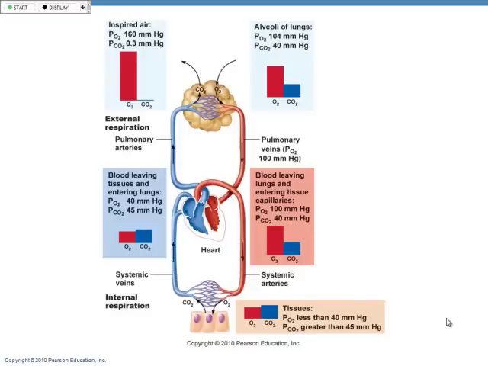I'm creating a higher pressure. Even though, and I knew you were going to say this, it says right here that the partial pressure of oxygen is 104 millimeters of mercury. Yes, but now you're sucking it through a tube. You're creating a suction. So now when you're inspiring that air, it's exerting a partial pressure of 160 millimeters of mercury.